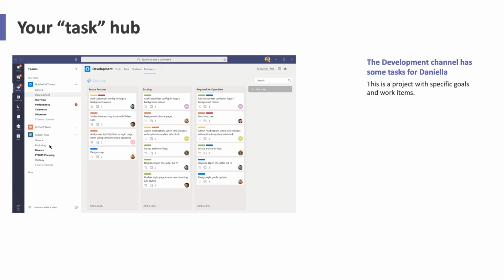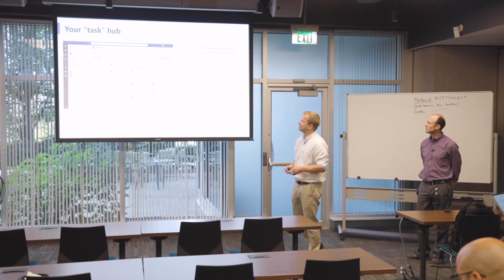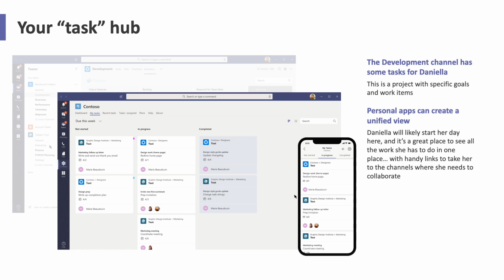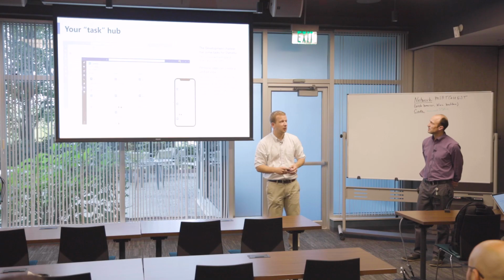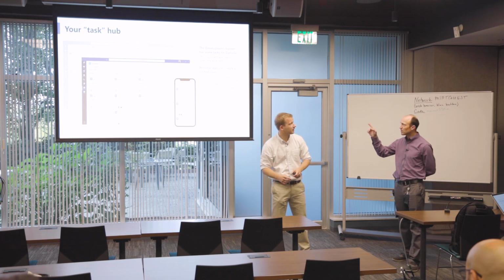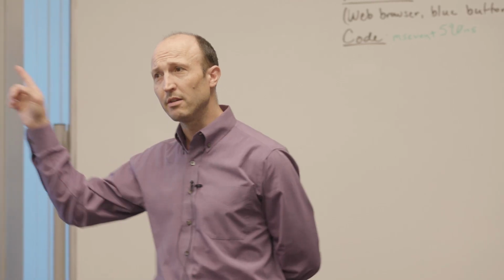The Task Hub. So this is, again, going back to the Trello example. Maybe I have all of my tasks here in a tab. The nice thing here is that I'm able to see the entire team's work, and I'm able to see my work specifically. So I can filter for my tasks, which can also be seen on mobile. This task view works as well using Planner, right?